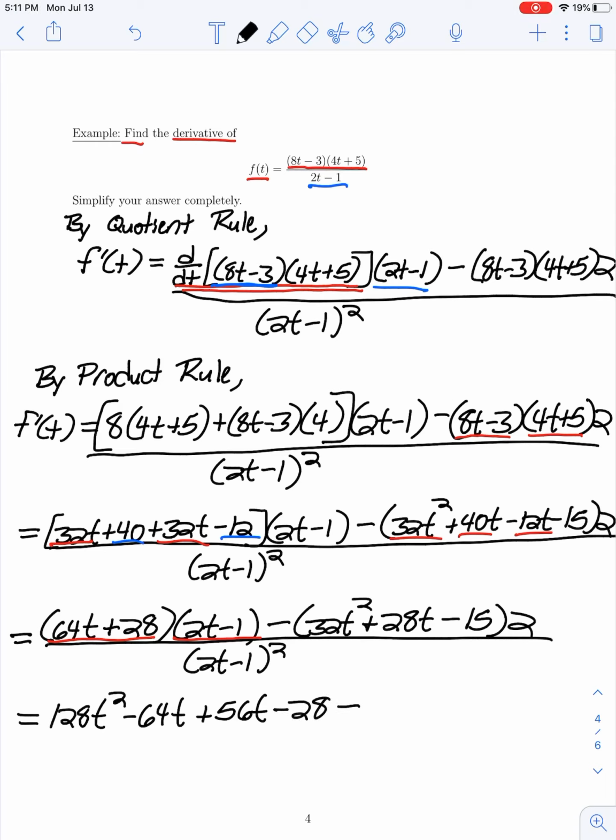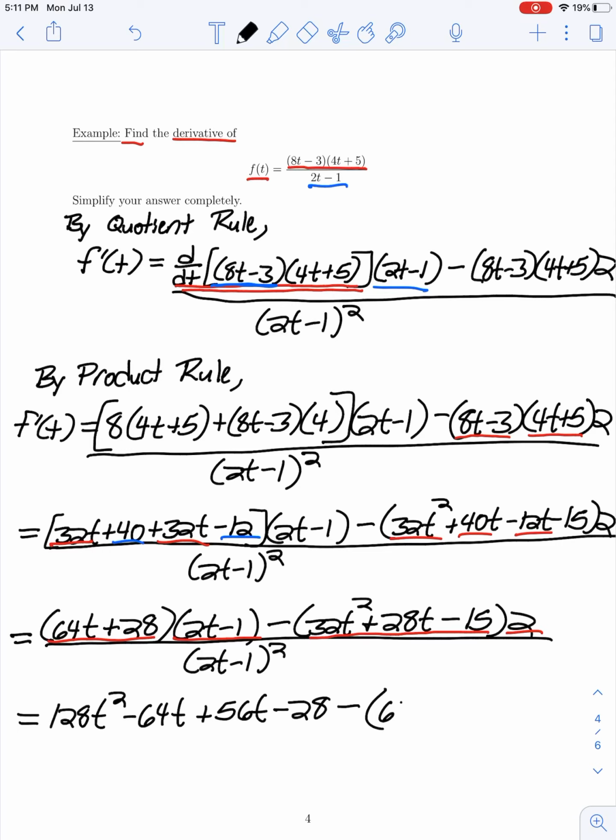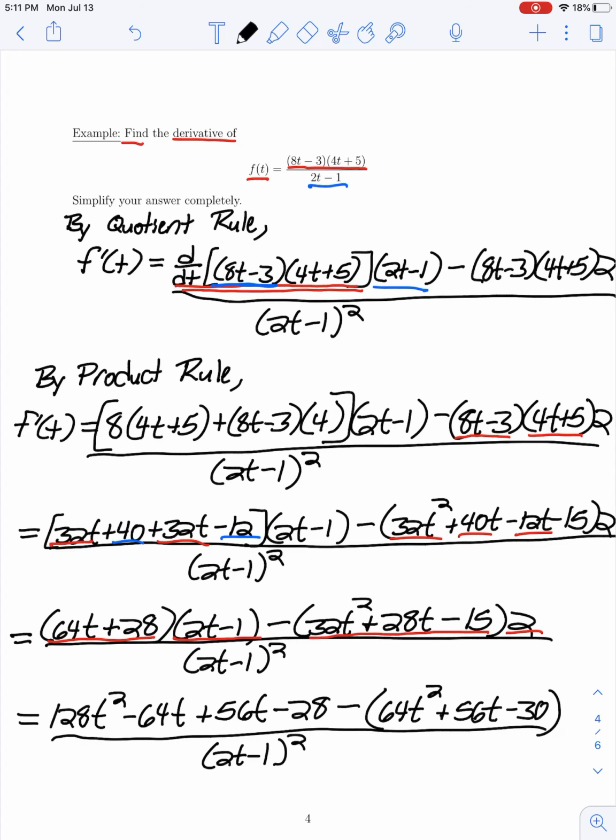And then we are subtracting the quantity, if we distribute our 2 throughout this polynomial, we have a 64t squared plus 56t minus 30. Still all over our 2t minus 1 squared.